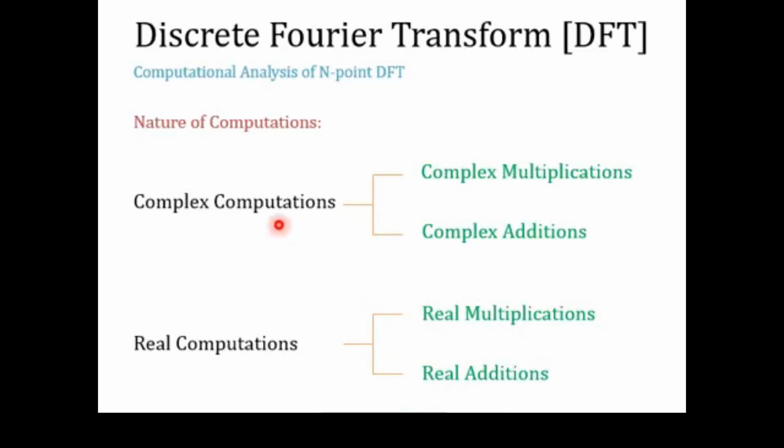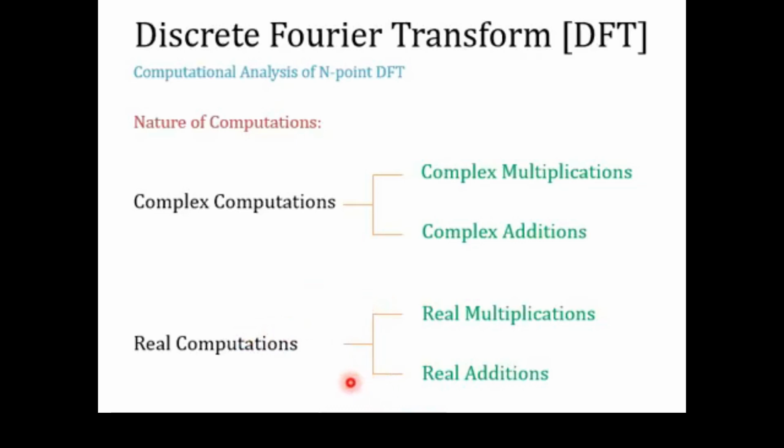Now the multiplication and addition operations can further be classified into two types of computations, which are complex computations and real computations, which means that complex computations include both complex multiplications and complex additions, while real computations include both real multiplications and real additions.